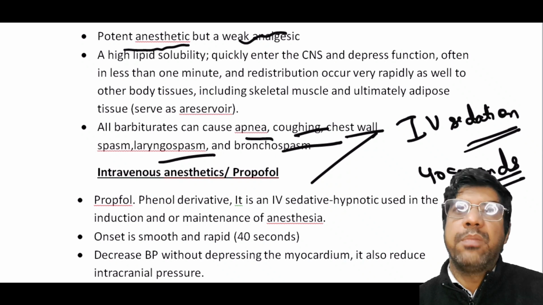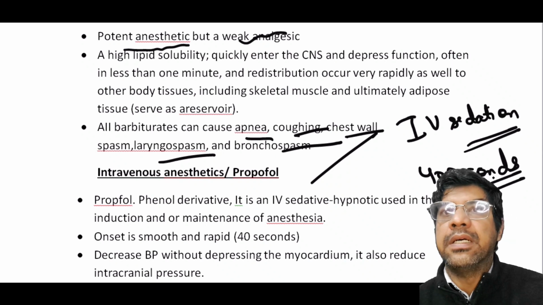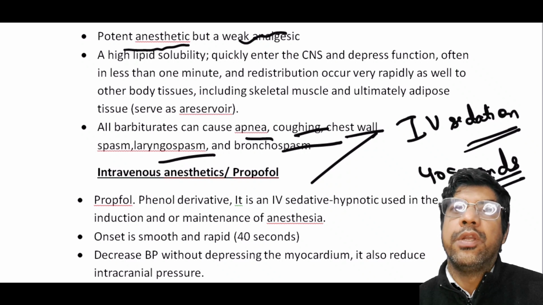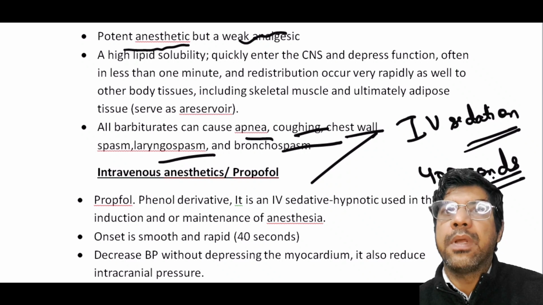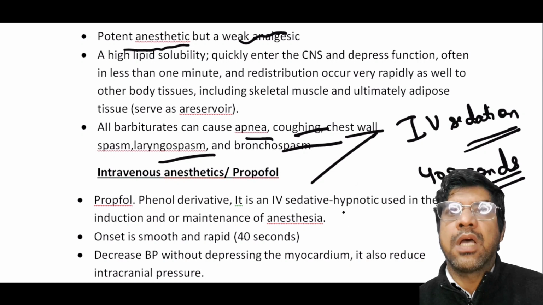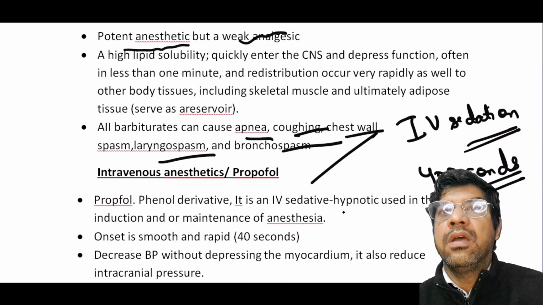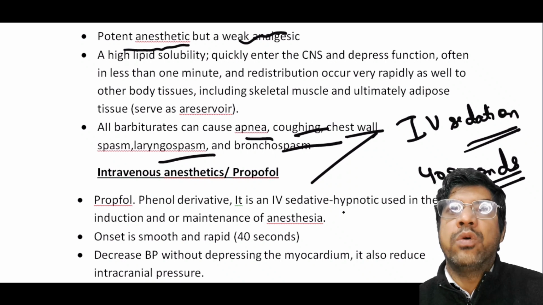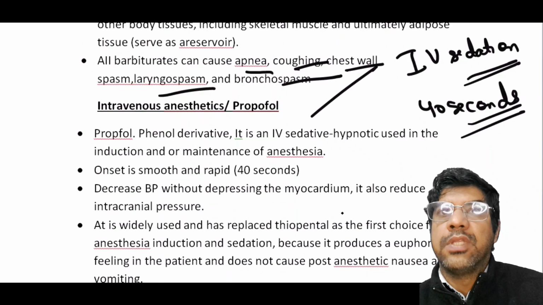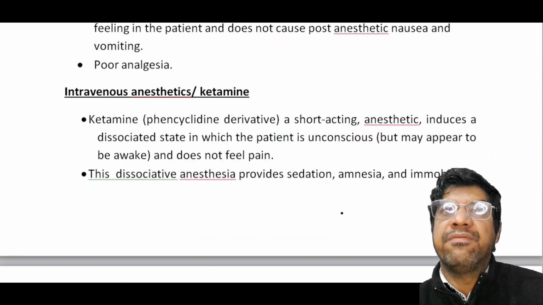It lowers the blood pressure without depressing the heart muscles, and it also reduces intracranial pressure. It has generally replaced thiopental, as it causes a euphoric feeling without causing post-anesthetic nausea and vomiting. That is why propofol is generally preferred.